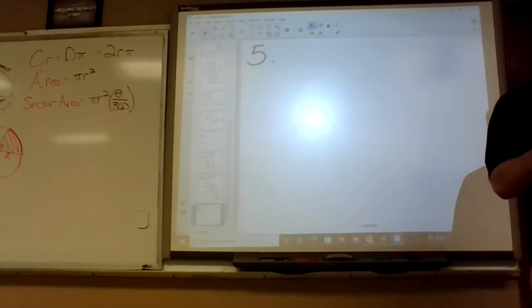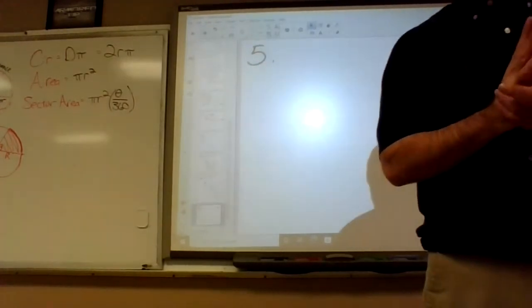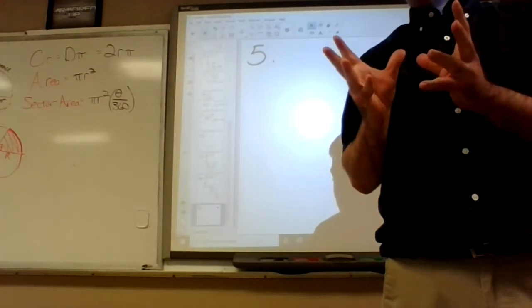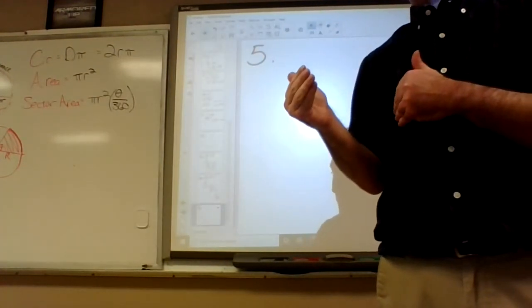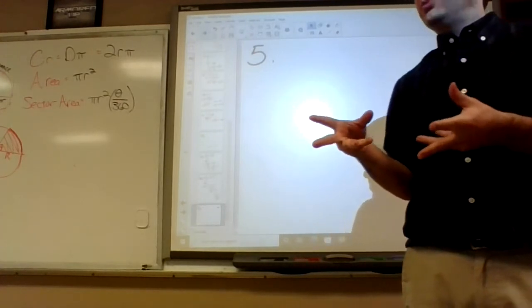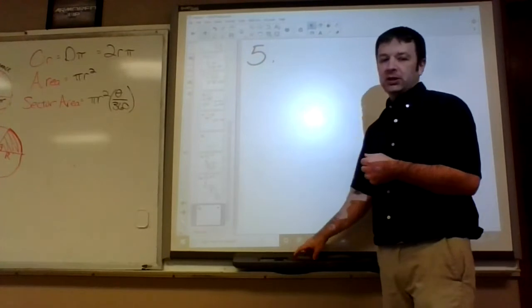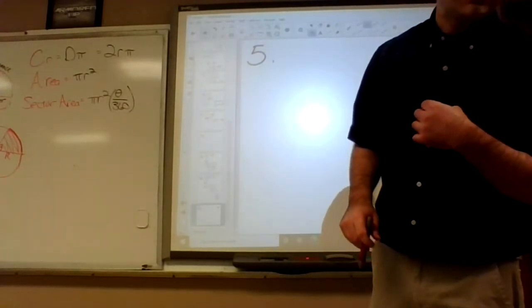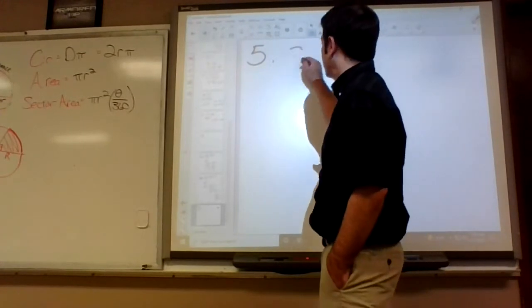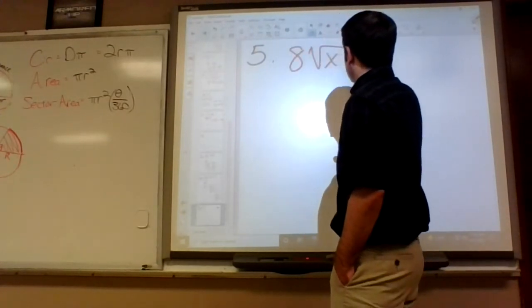So sometimes when you use the tricks for number 5, like we're gonna have to square both sides, you'll get an extra answer that doesn't actually work. So what we have to do is plug it back in and make sure they work. Okay, so anyway, number 5. It's actually a pretty short problem. Number 5 is 8 square root of x equals 40.